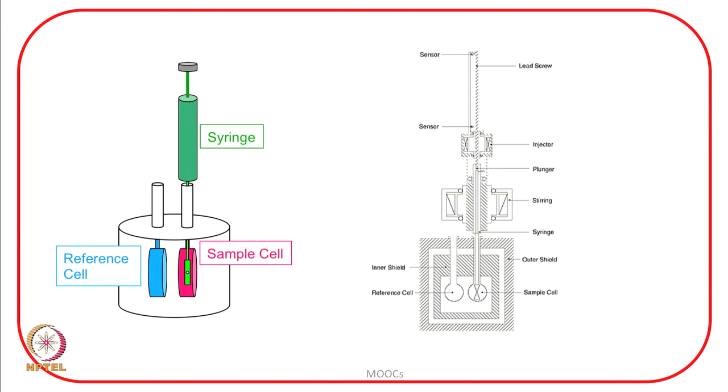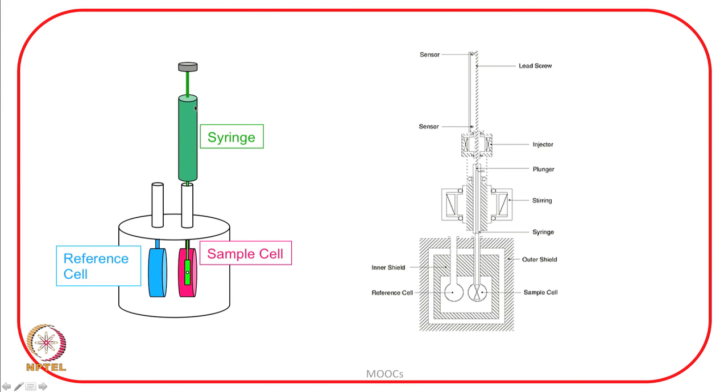Let me discuss in a little bit more details. What you have in an ITC is a sample cell, a reference cell, and in the sample cell an injection assembly can be inserted. As we can see here, there is an injection assembly over here. This is a syringe in which the ligand can be filled.